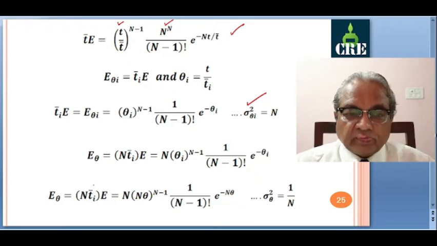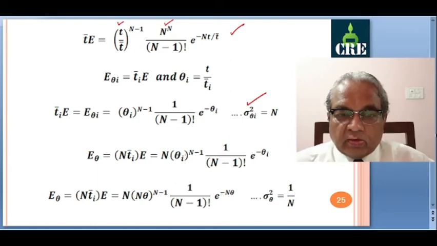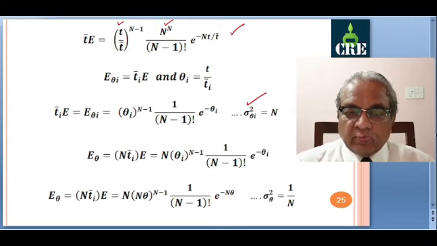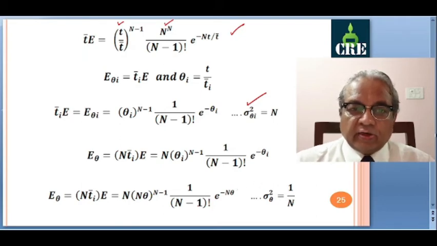So E theta is n into this, with theta I can be written as n theta. So for theta I is equal to n theta, then this is raised to n minus 1 divided by n minus 1 factorial, and this theta I is again written as n theta.